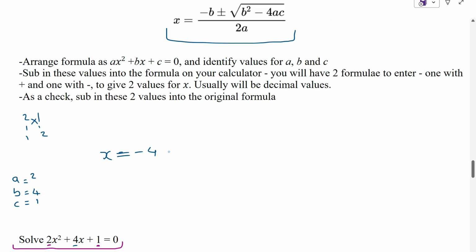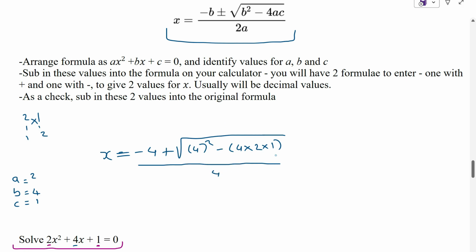So the first one, minus b plus the square root of b squared minus 4 times a times c, and we're going to divide all of that by 2a, which is 4. Okay, so that's the first equation.